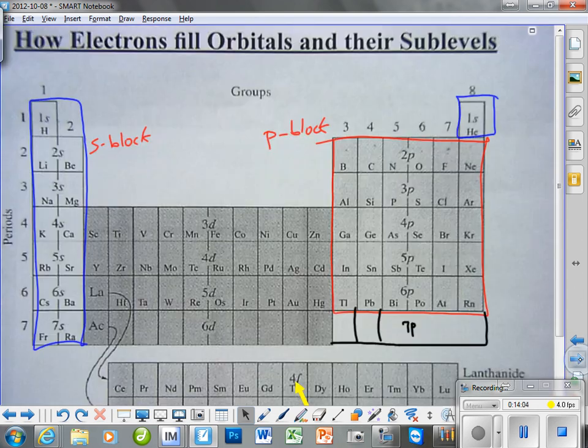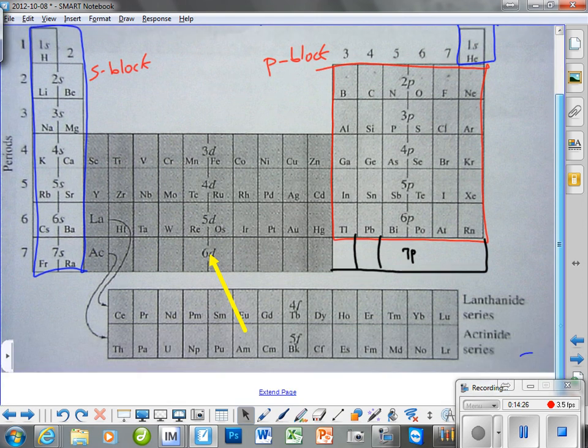Sorry, D, 6. I sure see a 6 here. What we're talking about in this whole exercise is how many total possible electrons can we have in the 6D? It's 10. Yes, you've got the right idea.